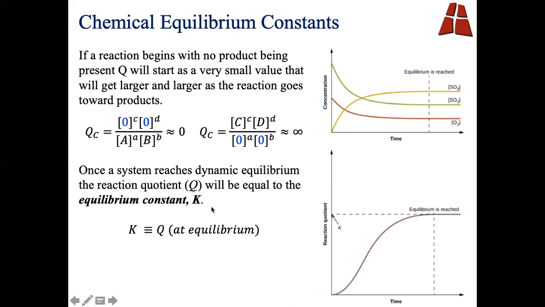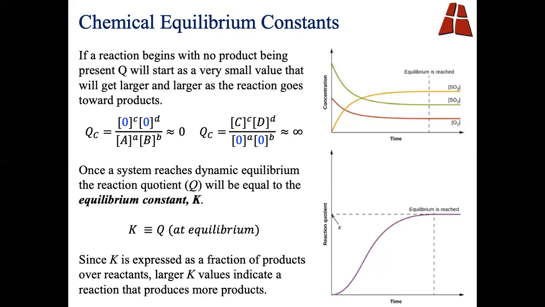That's just the way they're defined, and it's something you'll have to keep straight. But anytime you see uppercase K, that is indicative of our equilibrium constant, which again is the same thing as Q, just our products over reactants raised to their stoichiometric coefficients. It is just once we have reached equilibrium, we express it as K, right?